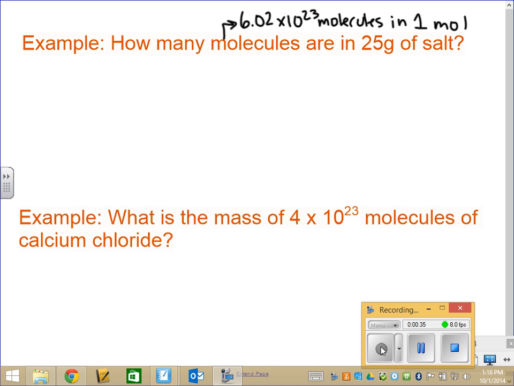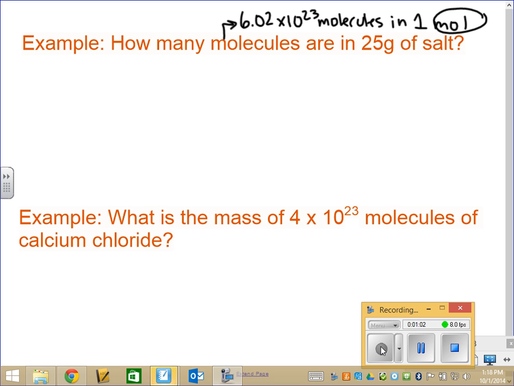And so anytime a question asks you about molecules or tells you about molecules, the first thought that should come into your head is that molecules and moles have a relationship. If I knew how many moles I had of something, I could calculate how many molecules I have of something.